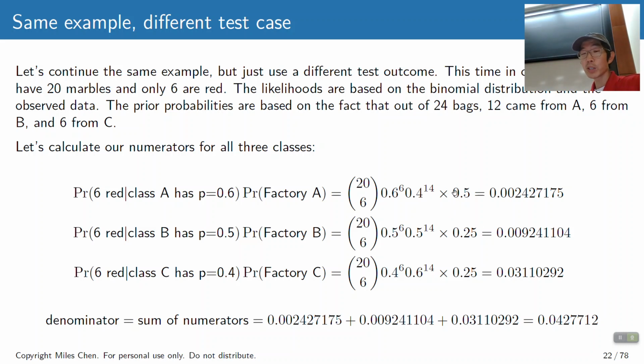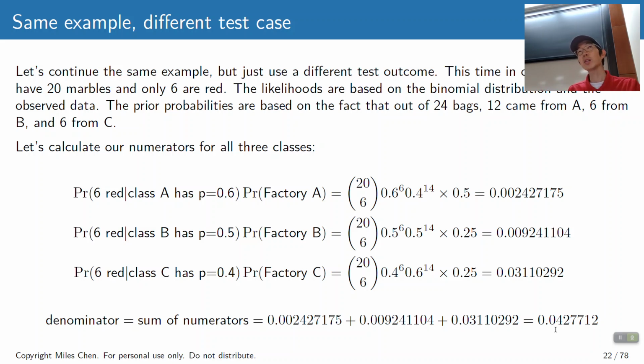And here I've multiplied each of these by their prior probabilities as well. So I have the probability of getting 6 red out of 20 marbles if the filling proportion is 0.6, times the prior probability of 0.5. And I get 0.002. Here I get 0.009 and then 0.03. When you add all three of these up, your denominator, the marginal, is only 0.04.